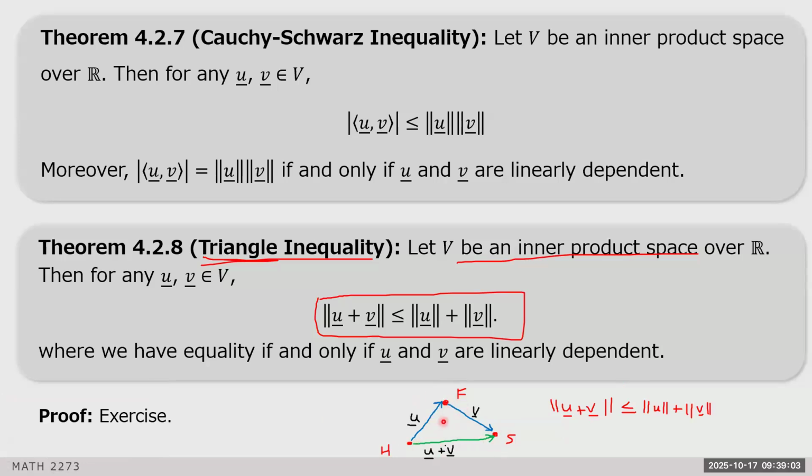So the question is, if the food was on the way to school, along the green arrow, does that mean that u and v are linearly dependent? And the answer is yes. When you get equality for the triangle inequality, when you get an equal sign between them, it corresponds to everything along the green arrow. Then there's no detour. You go straight, right?